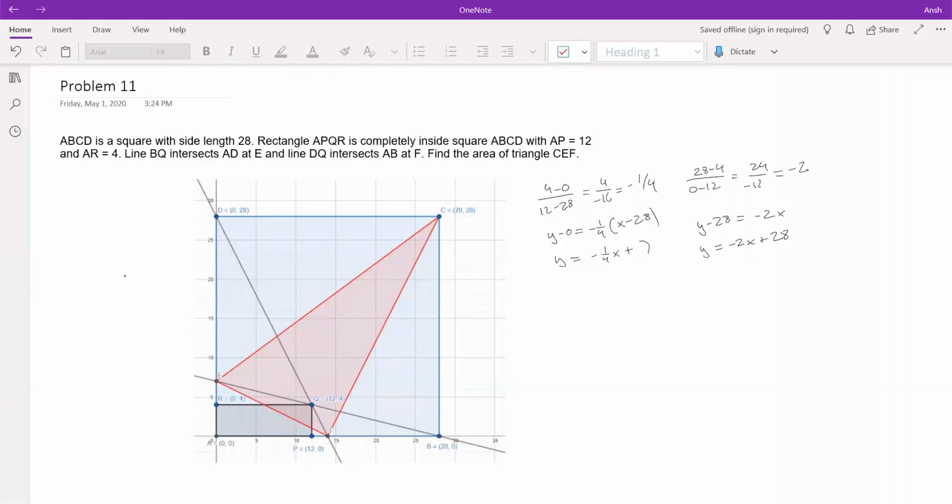Now we want to solve for their intersections. So we know the intersection along BQ and DA lies on the y-axis. So that means x is 0. So we can just plug in x equals 0 into that formula, and we get that if x is 0, that means y is 7. So our point is 0, 7.